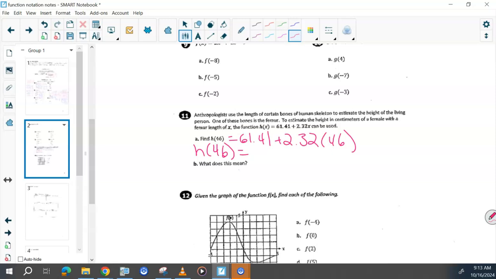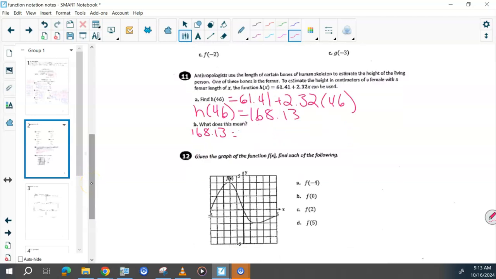What number did we get there? 168 point what? 1. Was that it, or were there other numbers? Okay, so the first part is asking to find the number. Then the second part is asking, what does that mean? So we'll start with the 168.13. What does that mean? Yes.